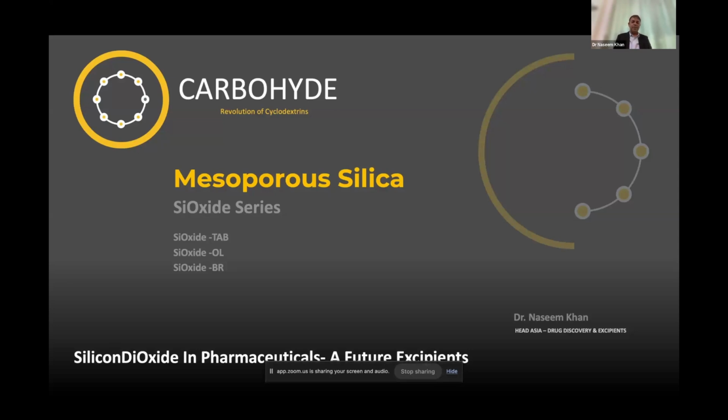So we came up with mesoporous silica, and to introduce, this is silicon dioxide. We are going to talk about silicon dioxide in pharmaceuticals and how it is very important as an excipient in future formulations, especially for dry syrups and tablets. At CarboHyde, we have a series of mesoporous silica, that is the Oxide TAB, OL, and BR.